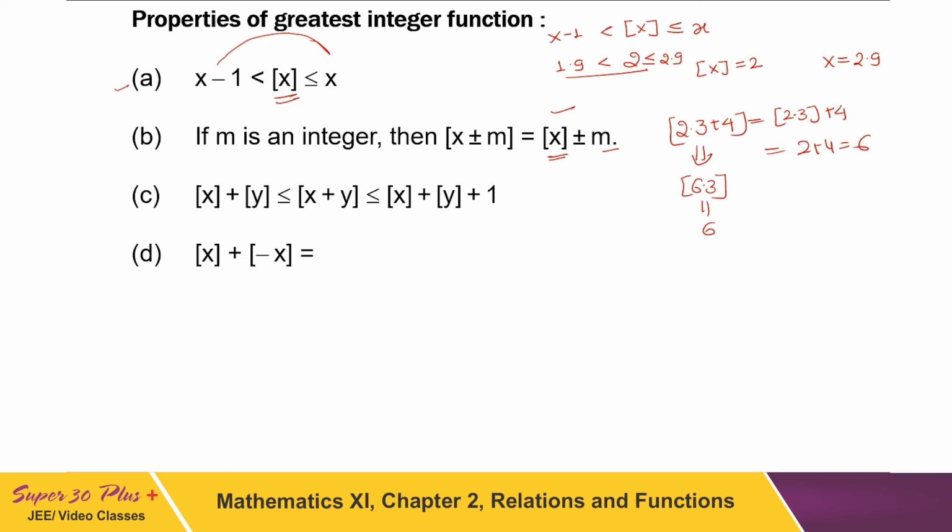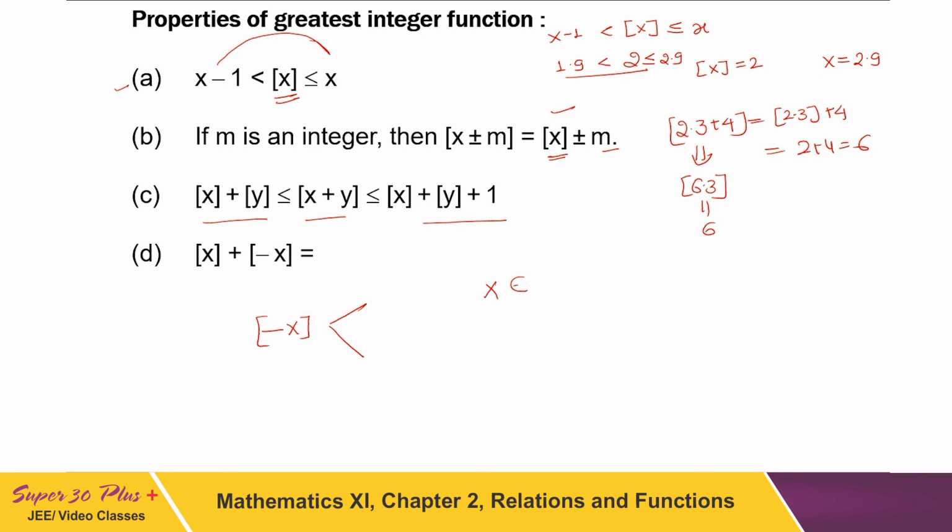There is one more property: the greatest integer of x plus y lies between two successive integers. Now, one more interesting property is here. What is the meaning of minus times the greatest integer of x? This can be categorized into two parts: x belongs to the integers, and x does not belong to the integers.